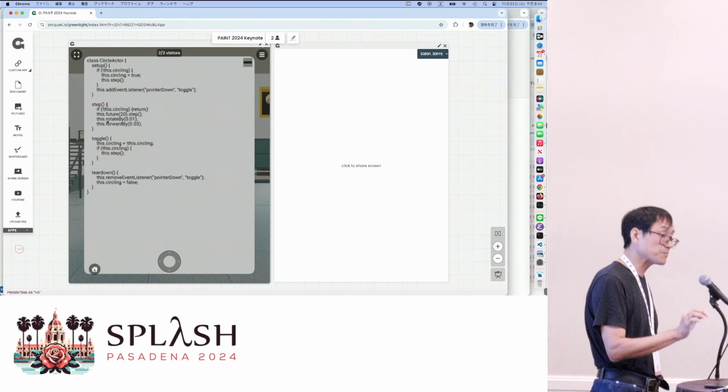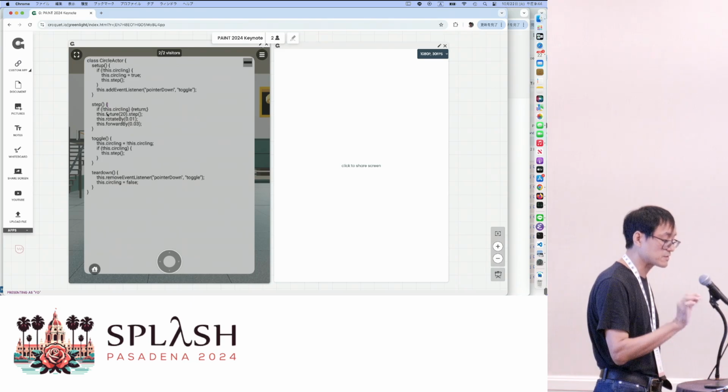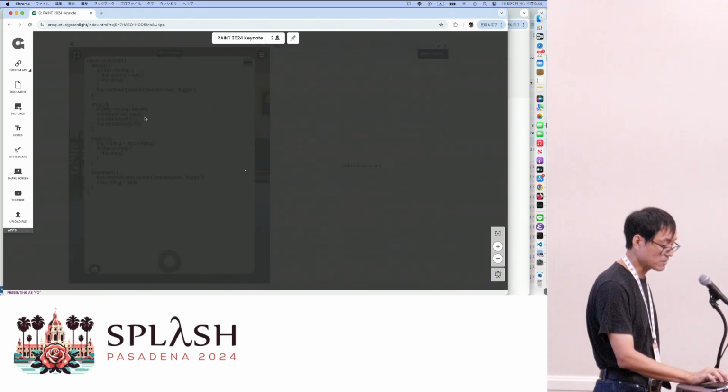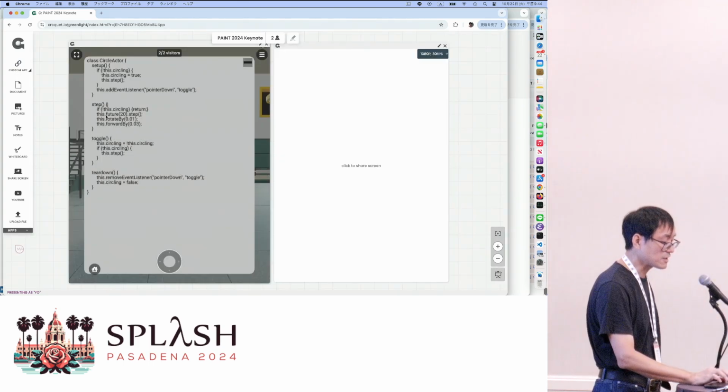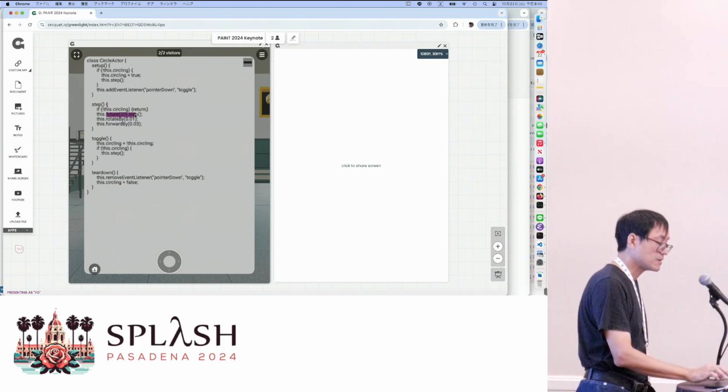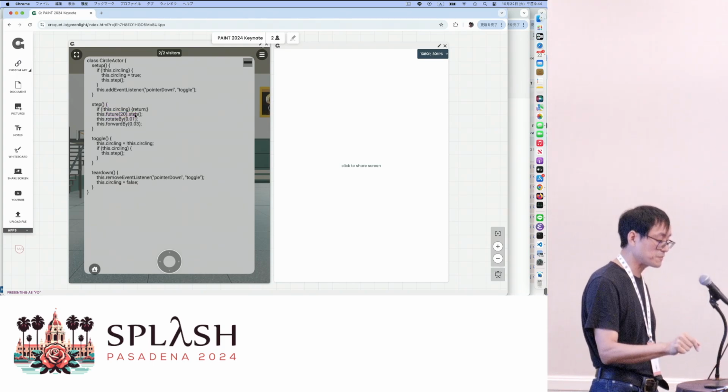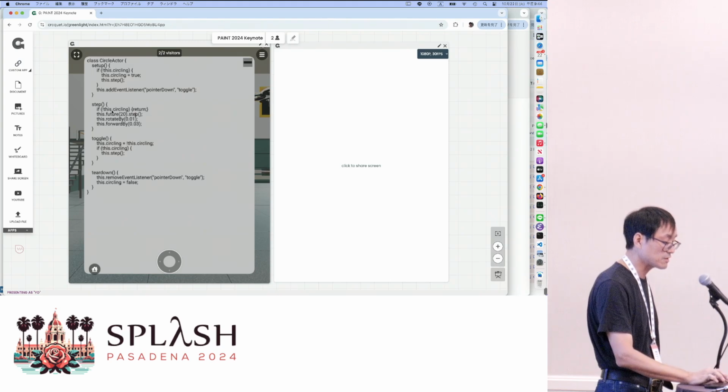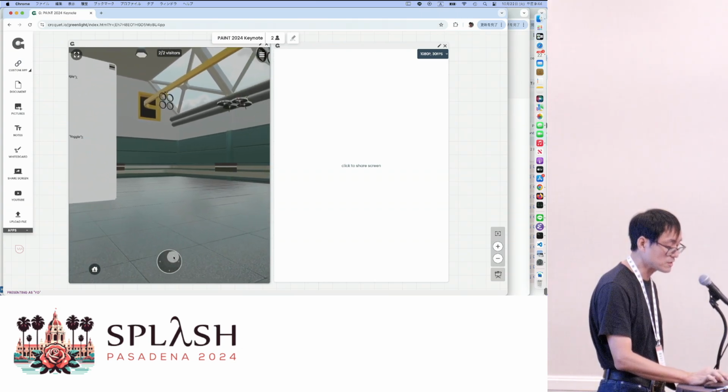What the step method does is schedule itself 20 milliseconds in the future, so 20 milliseconds later the same method will be executed. But while scheduling it, it rotates by a little bit and moves forward by a little bit. So that's why this drone is going in circles.